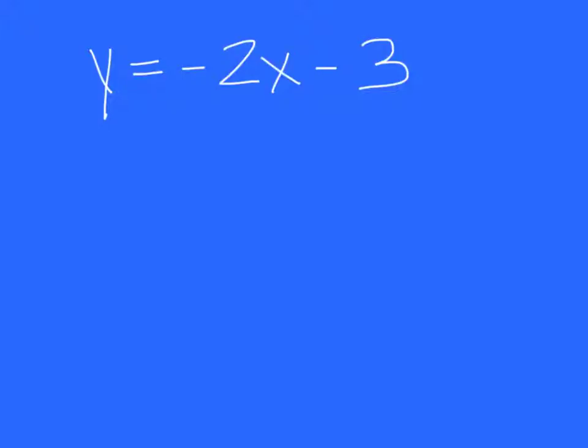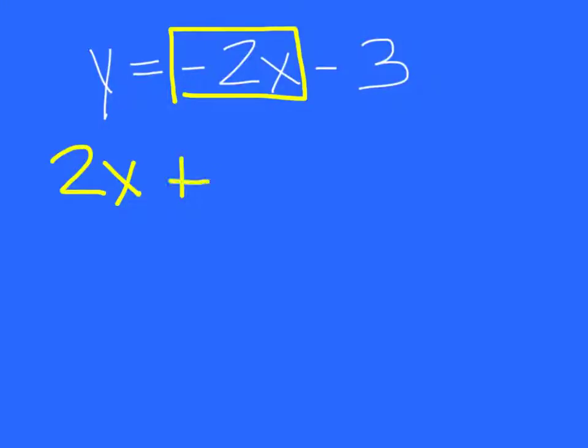To go from slope-intercept to standard form, you're going to have to move that x term over to the left. This must go to the left and change signs. It goes in front of the y.